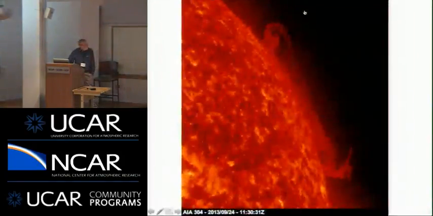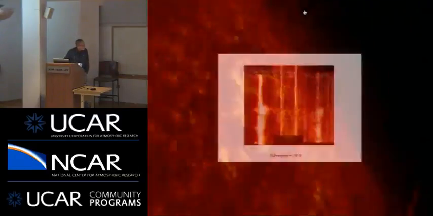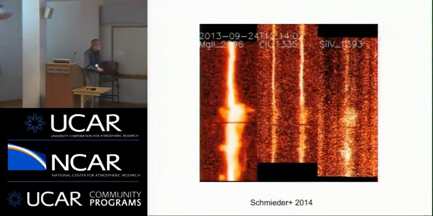I will show you. The prominence was observed here. It was a sort of quiescent prominence, but with a lot of dynamics and also some threads with larger velocities. So this is the less dynamic part, and these threads contain a lot of flows with velocities up to 80 kilometers per second.